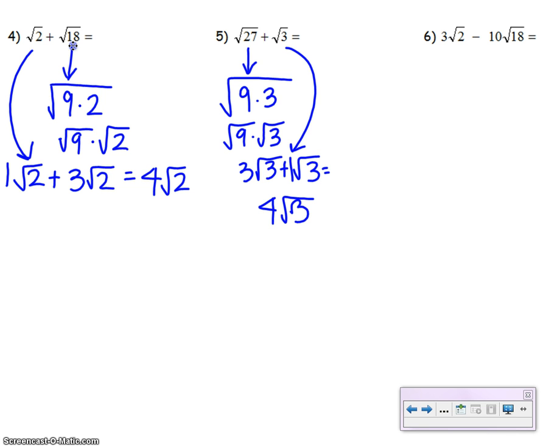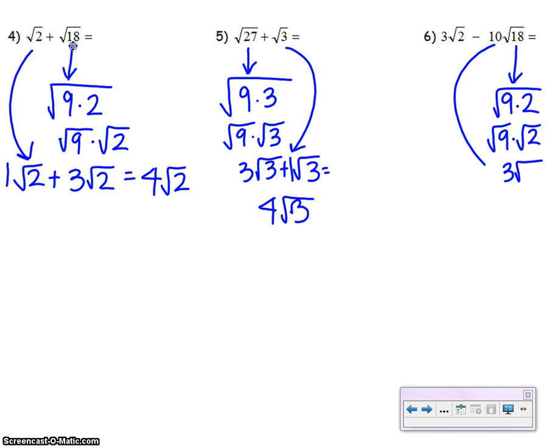All right, number 6. We've now got 3 root 2 minus 10 root 18. So we need to first break down the 18. So 18 will break down to 9 times 2, square root of 9 times the square root of 2, which is 3 root 2. So that's just the part of the 18. So we have to include our 10 in the front now.